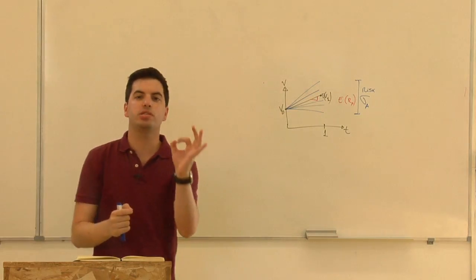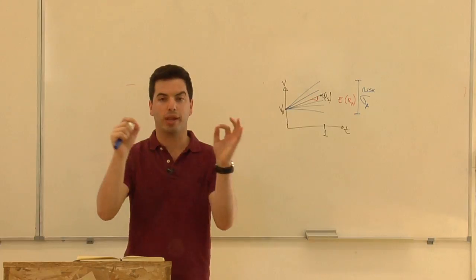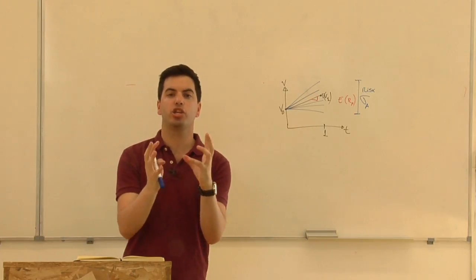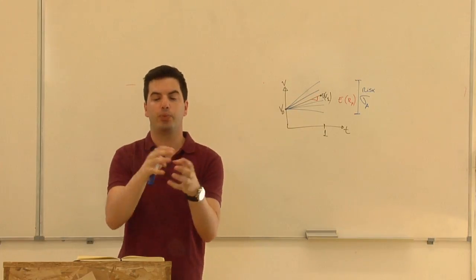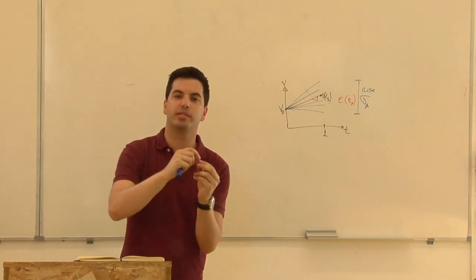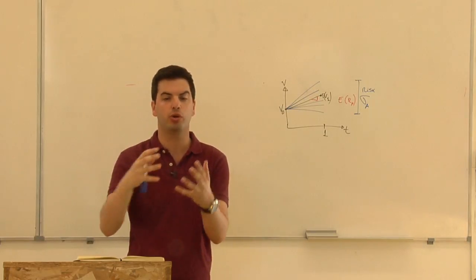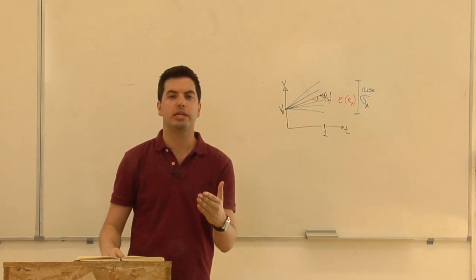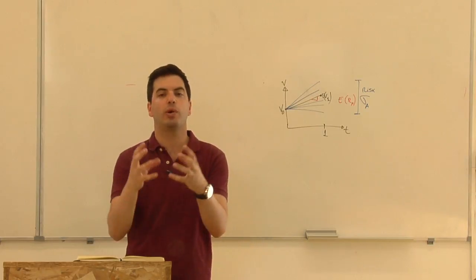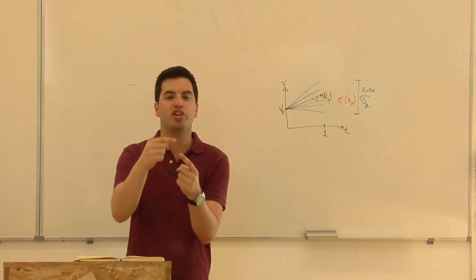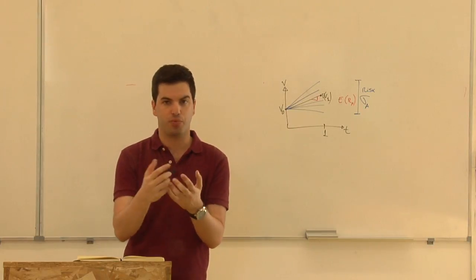So for every single asset, what you will have is a combination of risk and return, where return is the expected return, is how much you expect to increase in value of your asset, and risk is the risk that you are taking from deviations around the expected return.